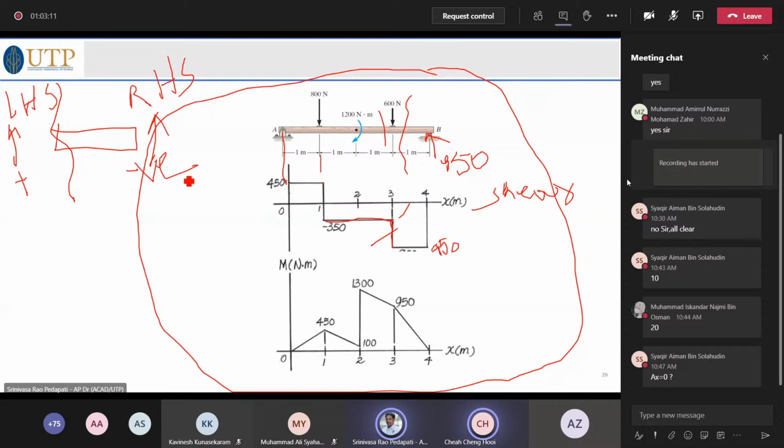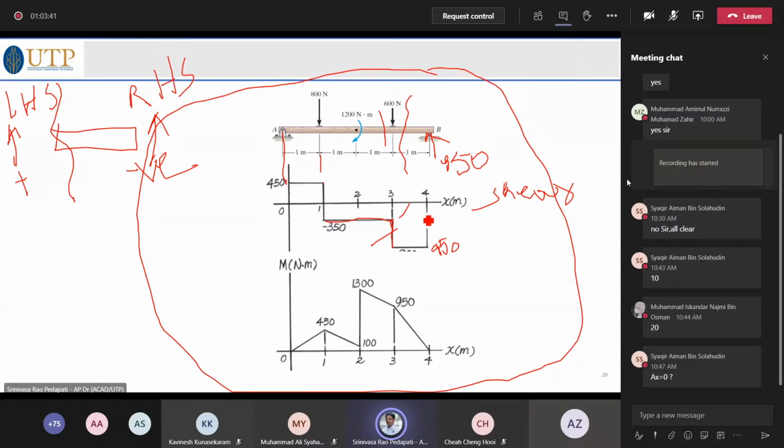You can follow the opposite convention, like right hand side up positive, left hand side up negative. The one point you have to remember is that upward on the right side and upward on the left side cannot both be positive, because it is a different convention, and you have to match it.